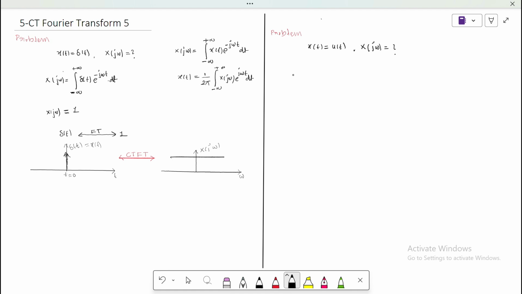It is defined for only positive values. So X of j omega equal to integral, for the limit, we should take the limits from 0 to infinity only. So within the limits, u of t equal to 1. In the formula, we should take x of t equal to u of t. In these limits, u of t equal to 1, into the formula e power minus j omega t into dt.